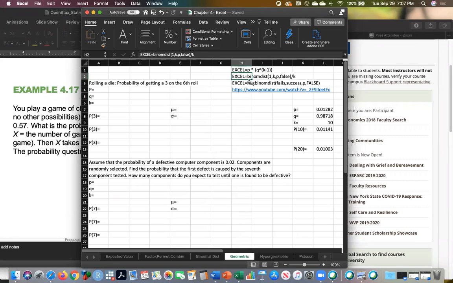There is also an Excel function for the negative binomial. That's kind of nice to use, because you need to identify how many failures before the success. Of course, success is going to be always one, but you need to know how many failures. Then we will do that.